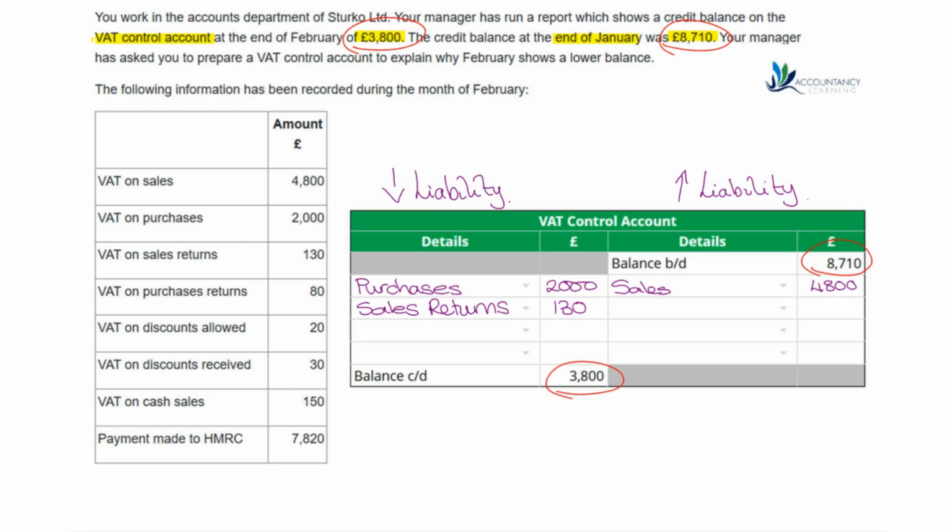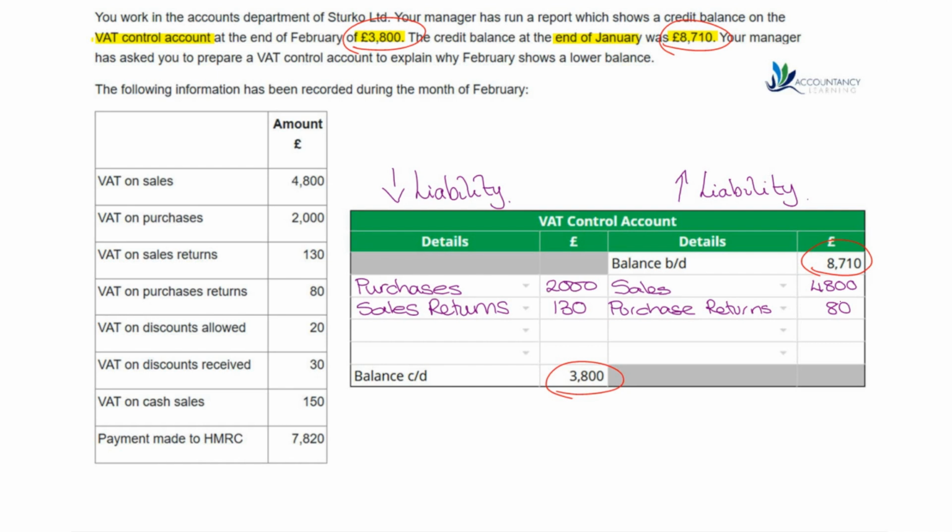VAT on purchase returns, so again using that same thinking, our purchases reduce our liability, but if we send something back and get a refund, it's going to increase the liability because we've returned that item. So we've got 80 there.